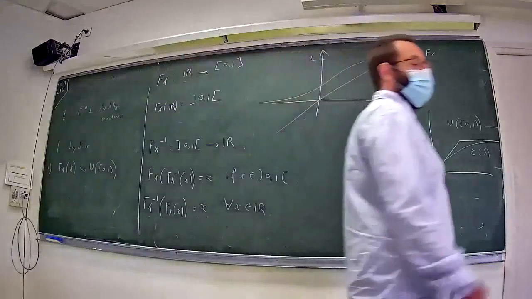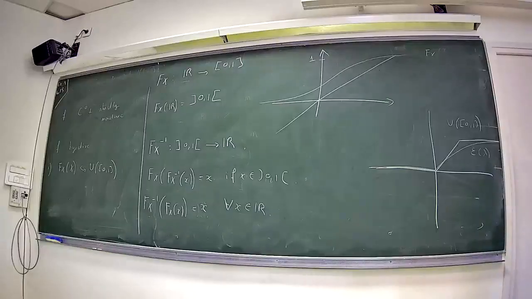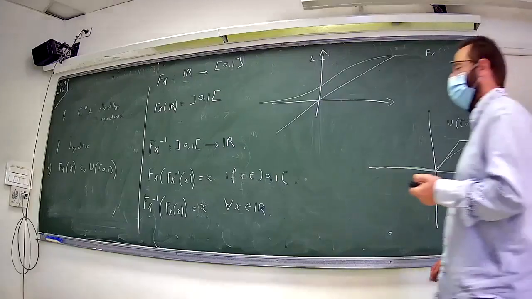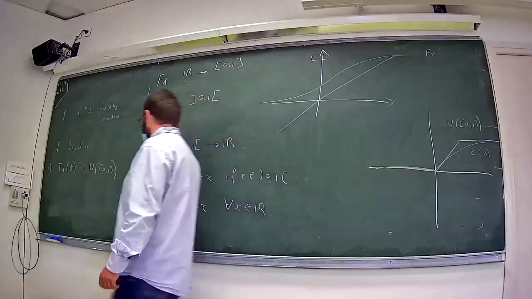And what is interesting here is that it's true whatever the distribution of capital X is. If you take the distribution function of X and you compare with capital X, you always find a uniform distribution. Always. Okay? It's the first question I have to solve.